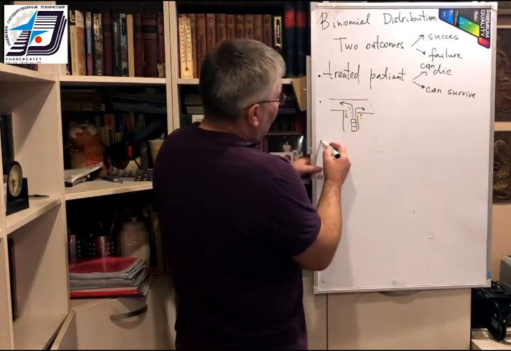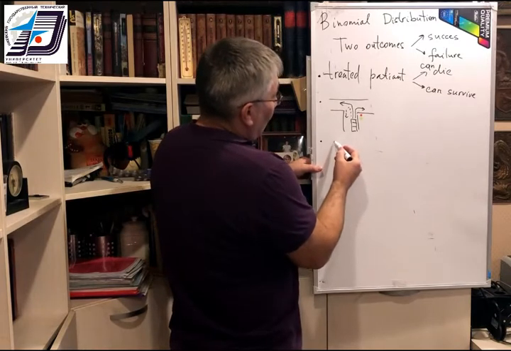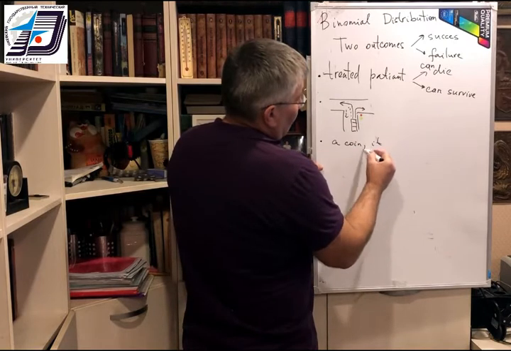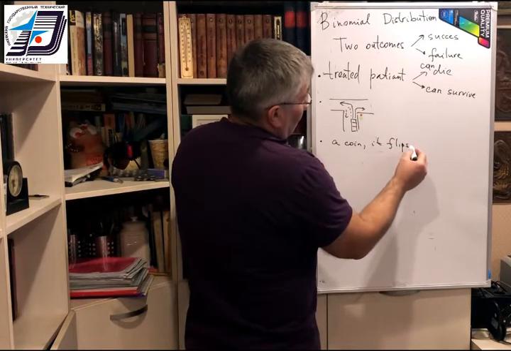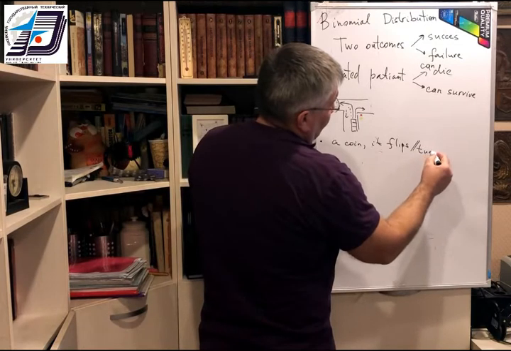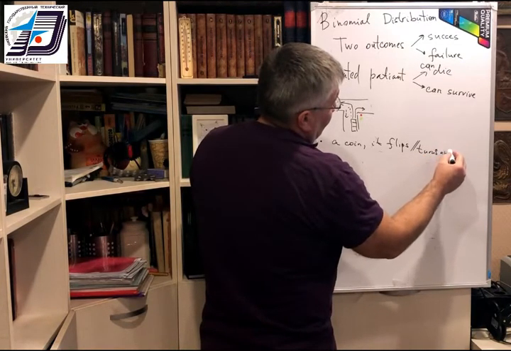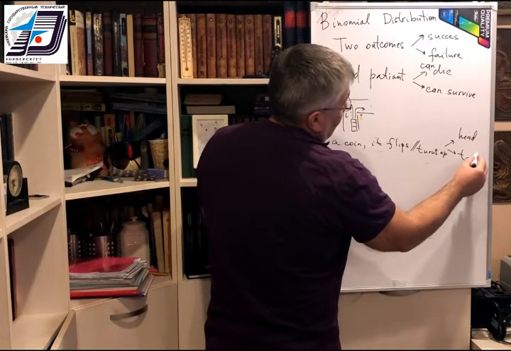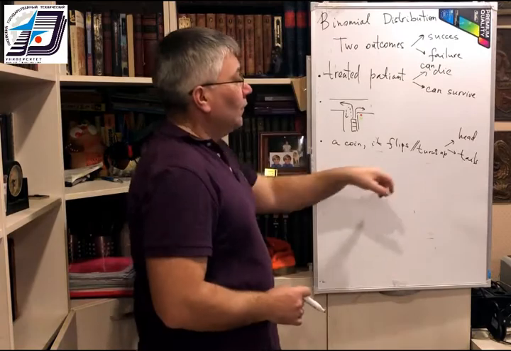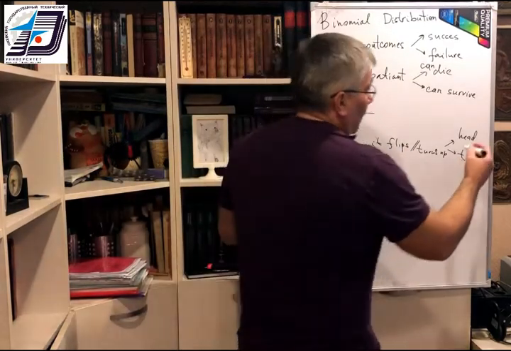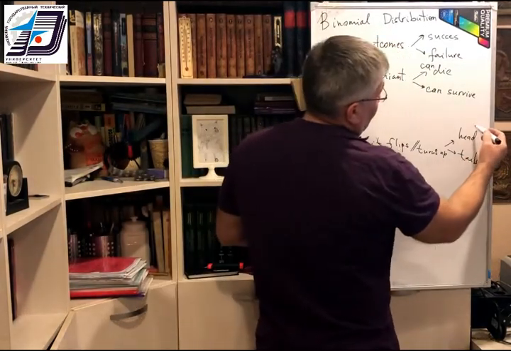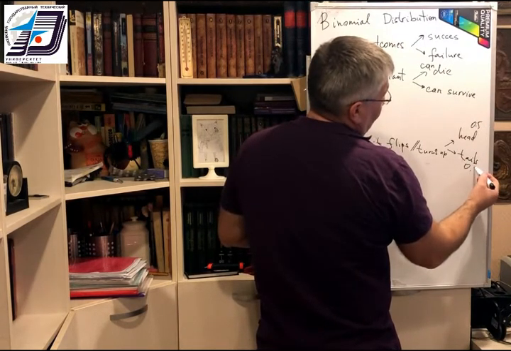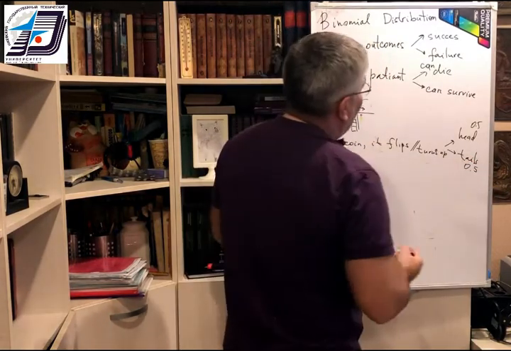For example, we have a coin, and it flips or turns up heads or tails. We have just two opportunities. If it is a fair coin, it turns up heads with probability 0.5 and 0.5 for tails.